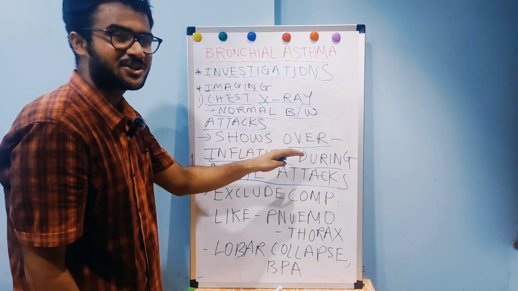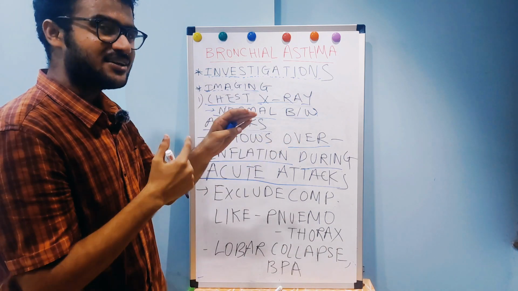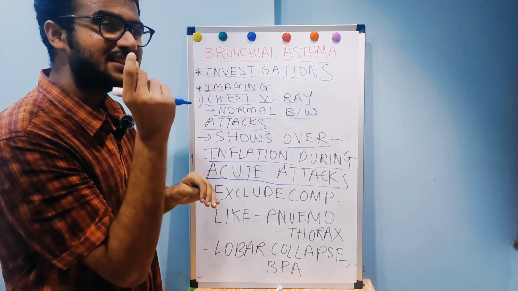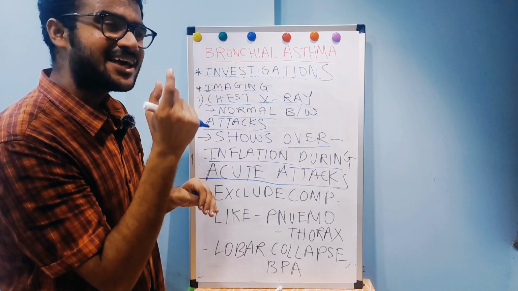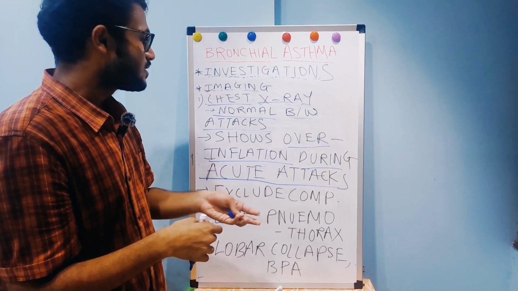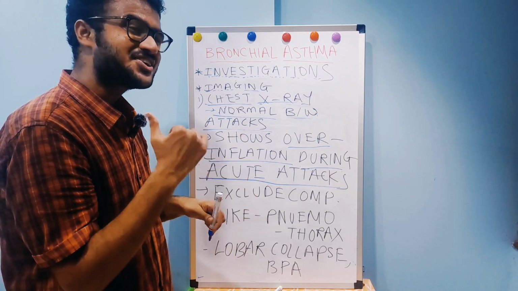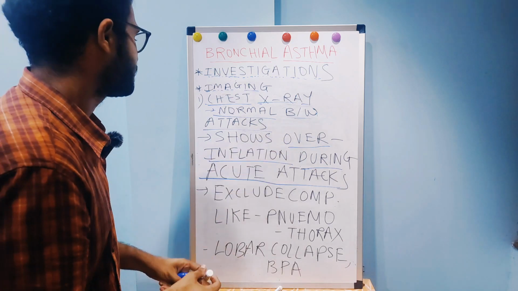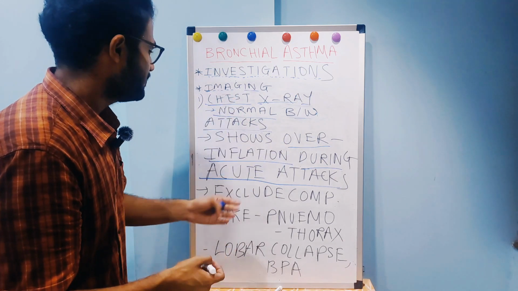There is overinflation, because क्या होता है कि air trap हो जाता है लंग के अंदर. Air is trapped inside the lungs because of the narrowing of the airways. वो बाहर नहीं आ पाता है. The patient is not able to exhale the air, so it gets trapped inside. So it shows overinflation during acute attacks.